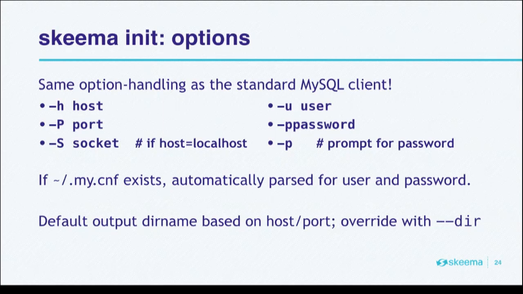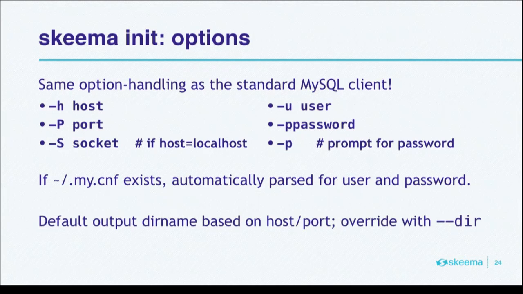So first, the options. If you've ever used the MySQL command line client, this will be very familiar to you. I took great pain to make it match that as closely as possible, down to things like using localhost means use a Unix domain socket, versus 127.0.0.1 means connect over TCP/IP to local. Same thing with a password prompt.